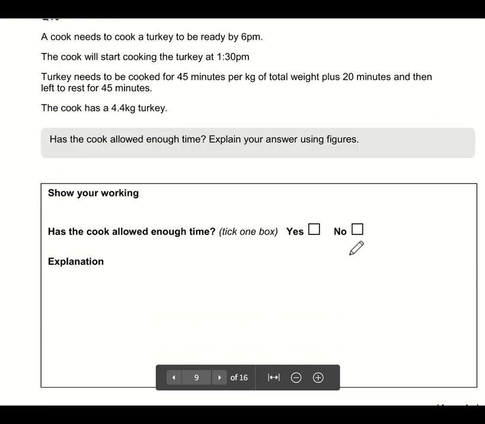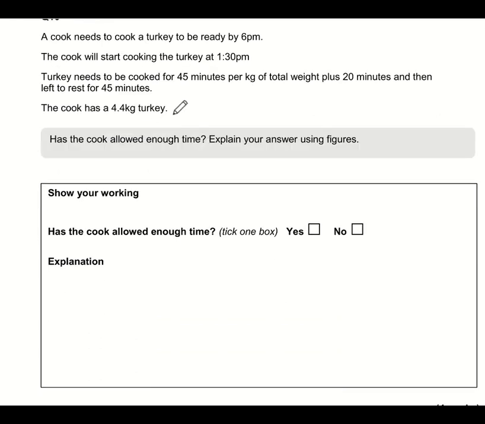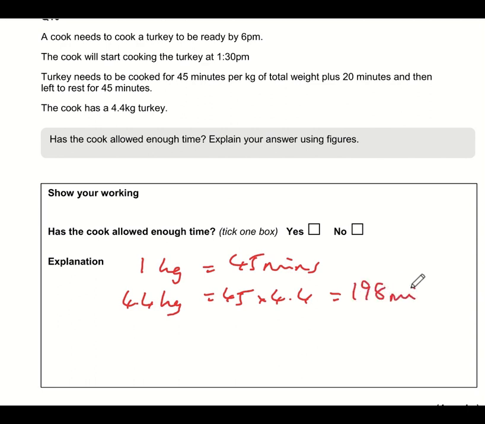Question number 10. Okay, so first of all we need to work out how many minutes this turkey needs to be cooked for. So we know that 1 kg equals 45 minutes, and this turkey weighs 4.4 kilos. So that's going to be 45 minutes times 4.4, and 45 times 4.4 is 198 minutes.